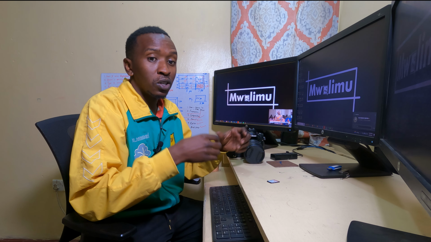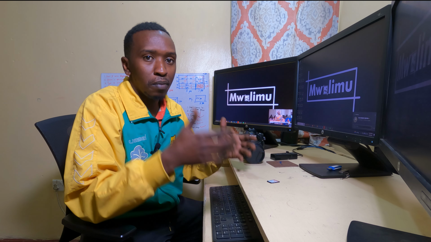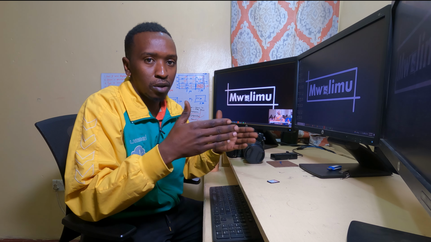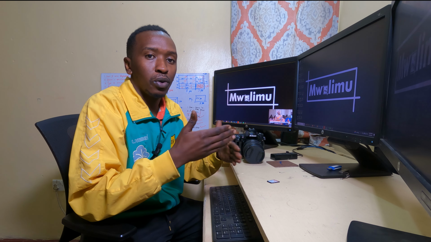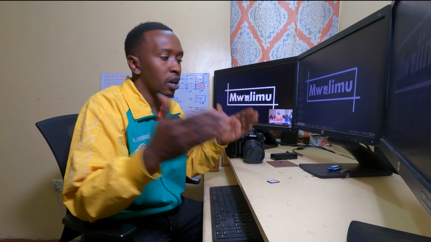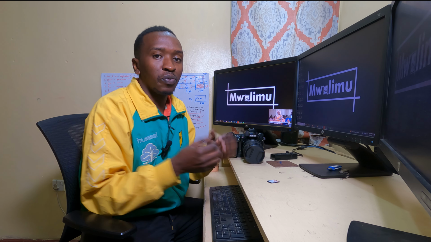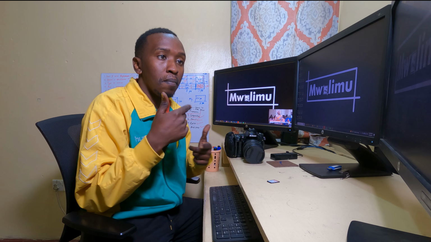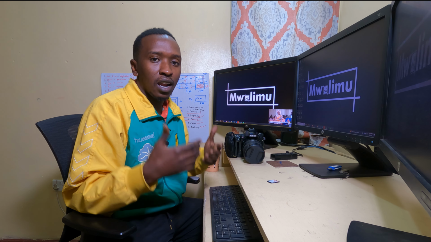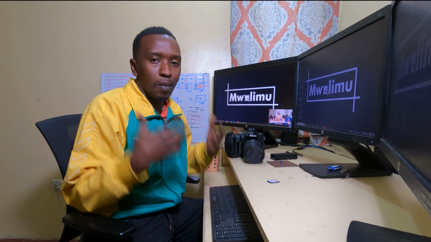Yet you spend a lot of money buying a camera that has a good sensor so that you can get a bigger ISO range. In such a scenario, you're making lesser use of your camera because you do not understand its capabilities. So in this video I'll share with you 5 things that are going to help you make better use of your camera and understand the power of the camera that you own.